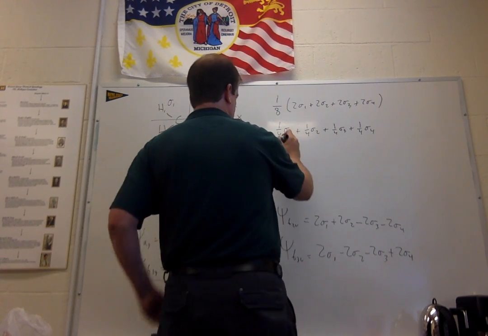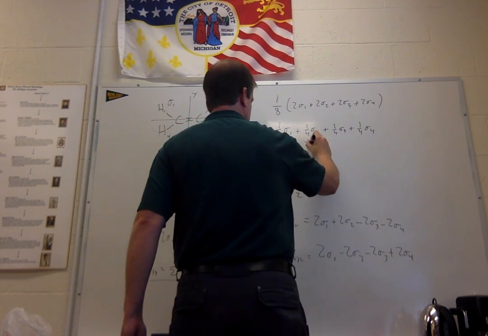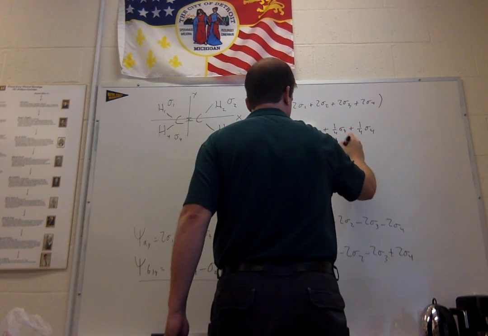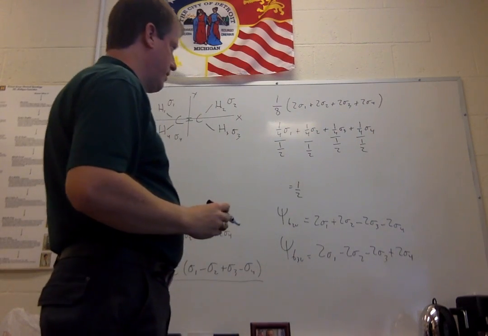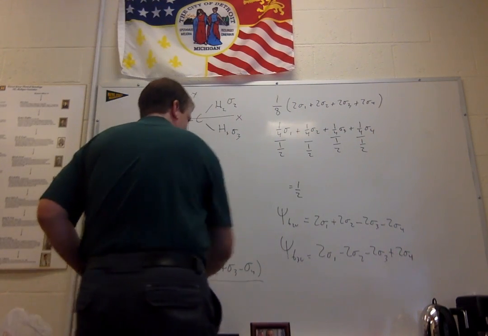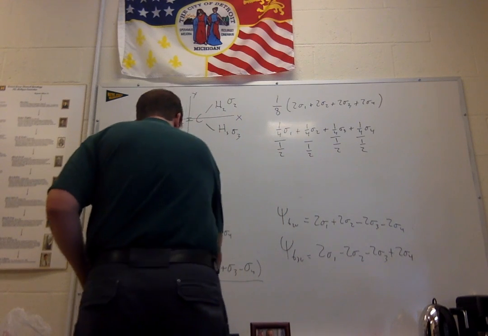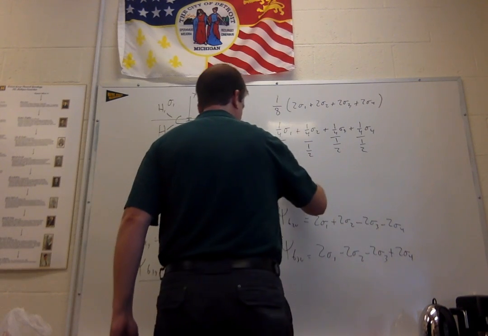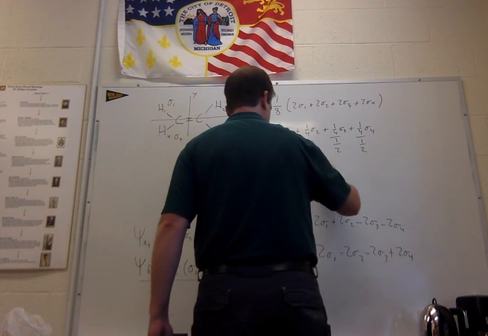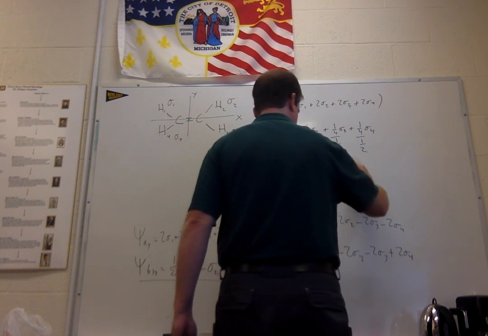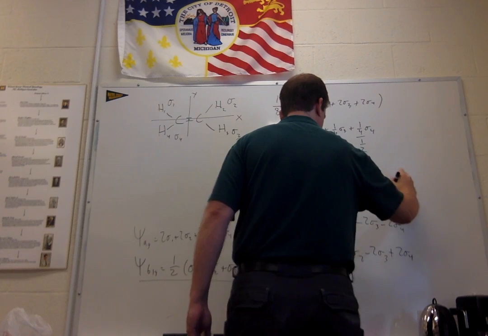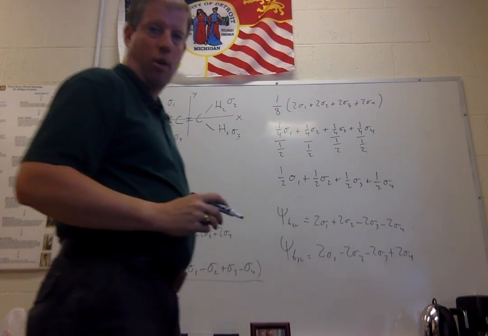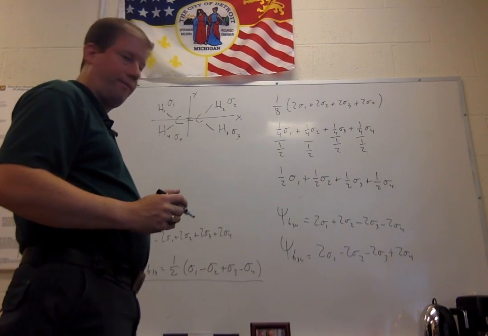And so we're going to divide all these by 1/2. And at the end, coefficients become 1/2 sigma 1, 1/2 sigma 2, 1/2 sigma 3, and 1/2 sigma 4, like that.